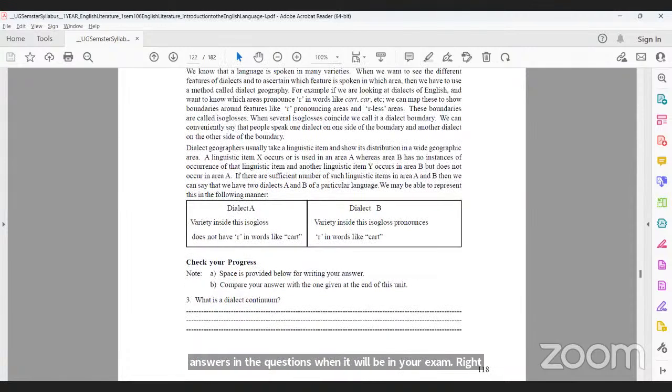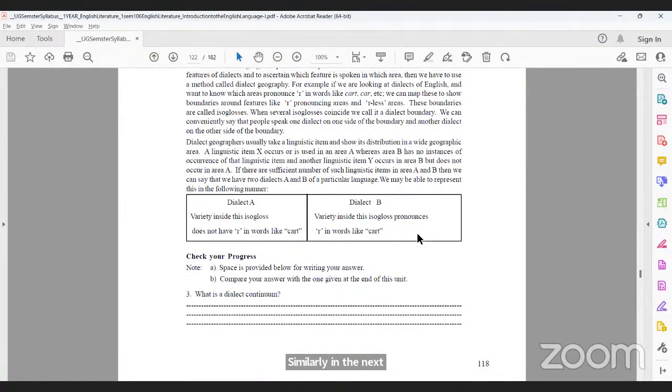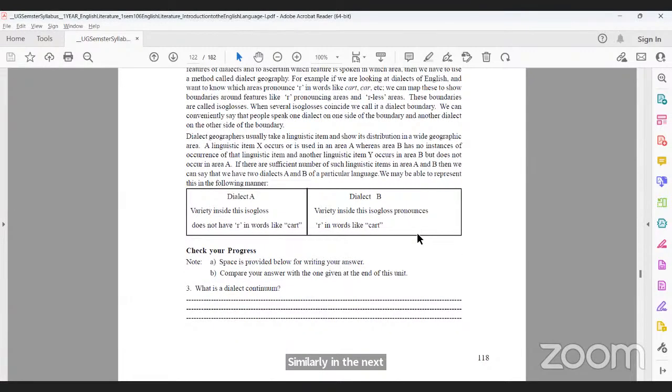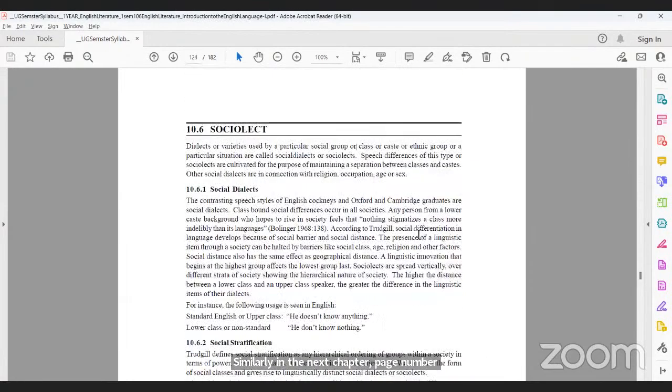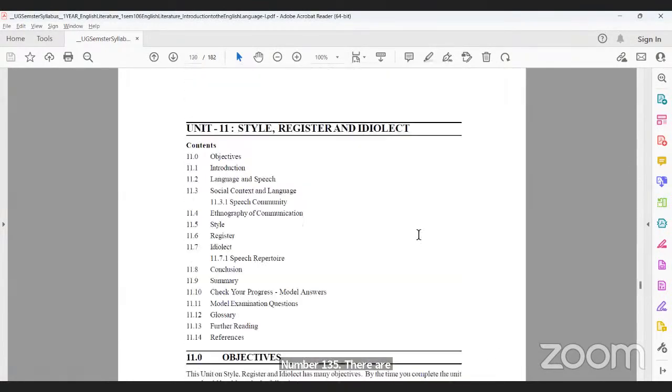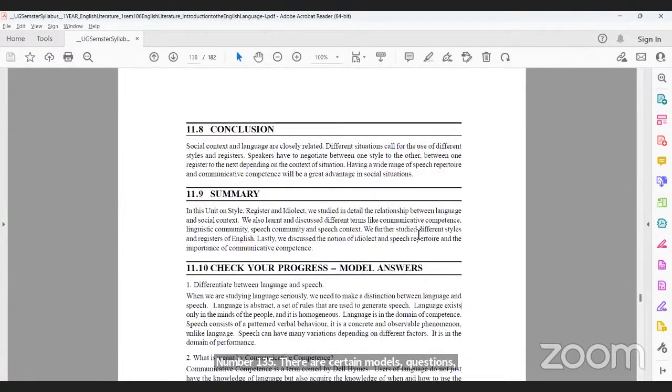Now, similarly, in the next chapter, page number 135, there are certain model questions, examination questions. Not 135, yeah, 134.